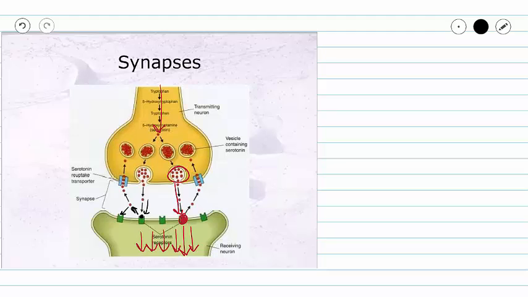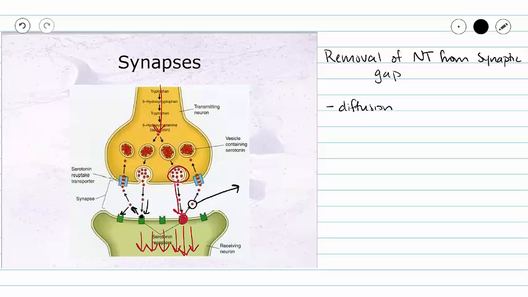And so we have a couple of different mechanisms to remove neurotransmitters from the synaptic gap. One way is through diffusion. In diffusion, our neurotransmitter simply leaves the synaptic gap and joins the interstitial fluid at large. These neurotransmitters are absorbed by astrocytes in the central nervous system.